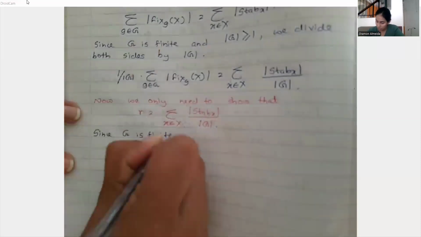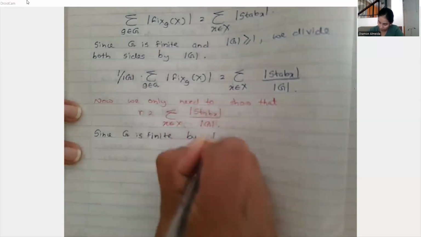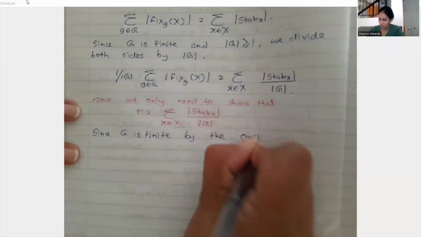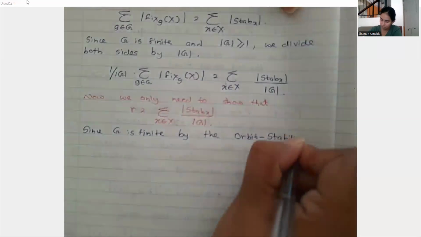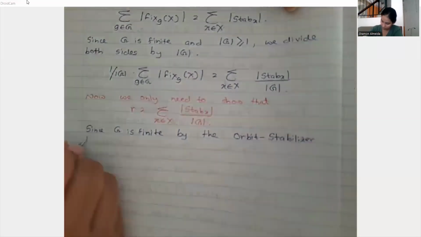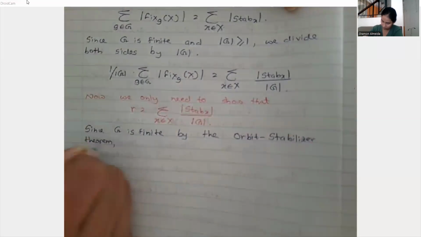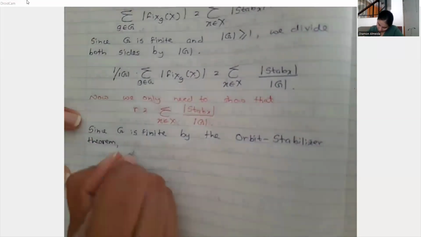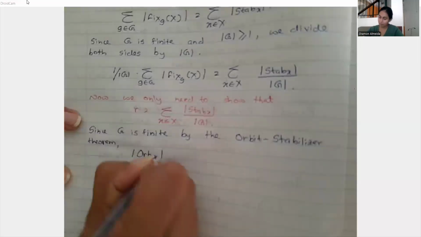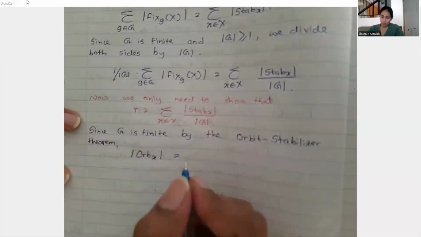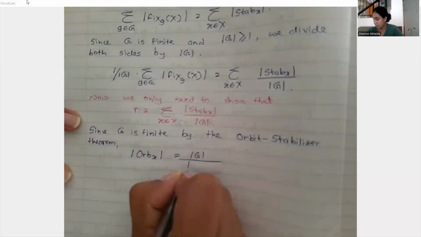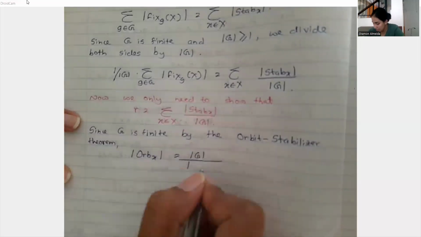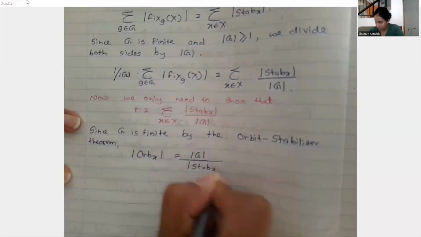But since G is finite, by the orbit stabilizer theorem, we see that the number of elements in the orbit of X is equal to the number of elements in G divided by the number of elements in the corresponding stabilizer, that means stabilizer of X.